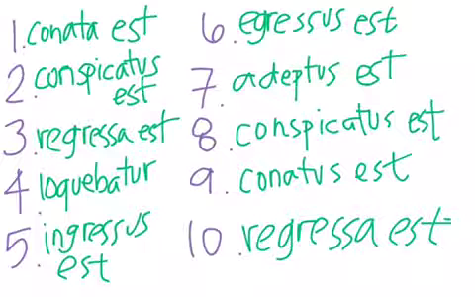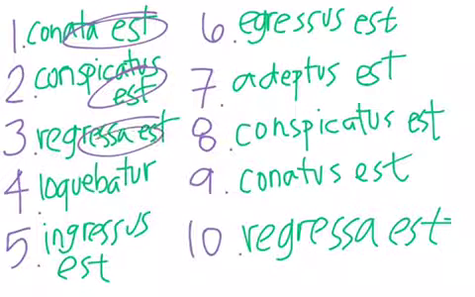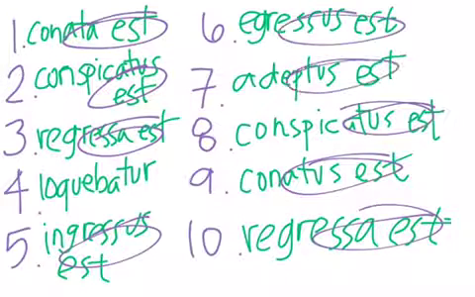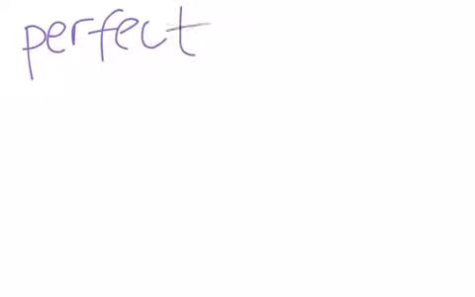Okay, so again, we'll talk about how to choose them later on, but you see here you've got 2 different tenses. When you've got 2 words and the second word is est, like in 9 out of these 10, keep in mind that that is perfect. Okay, they look passive, but they're going to translate active.